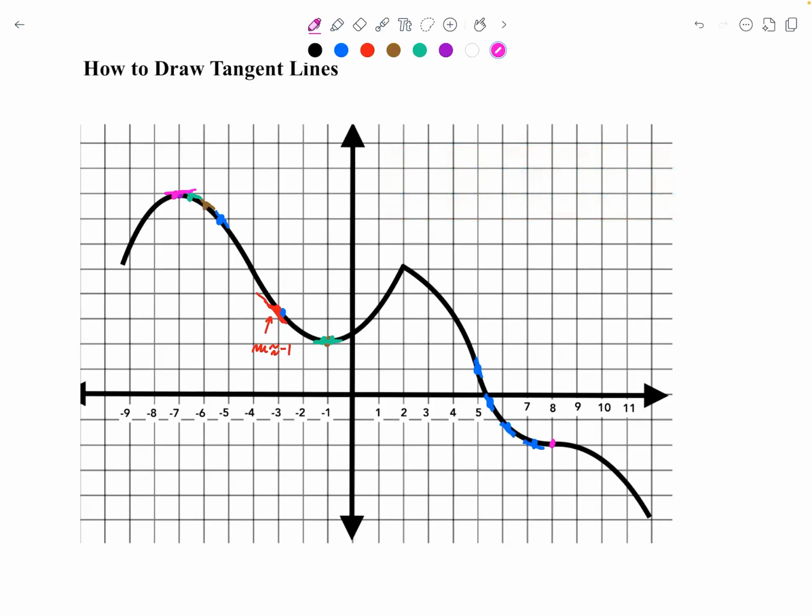So if I'm looking here at this point, again, when I connect, it's kind of horizontal, and then if I continue to the right, it starts to be slanted. It follows the graph, becoming more steep as we go.